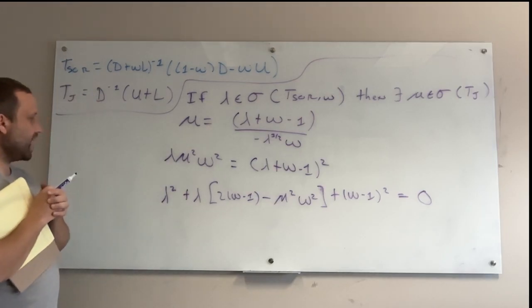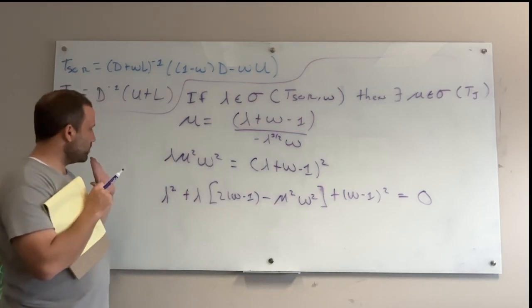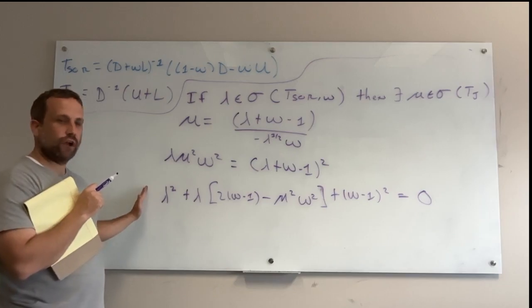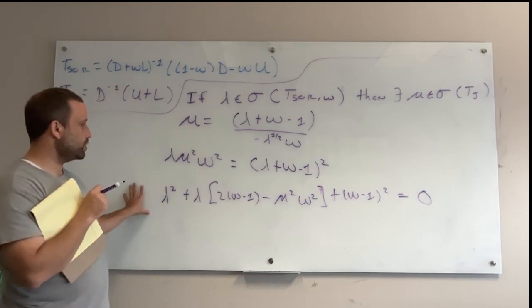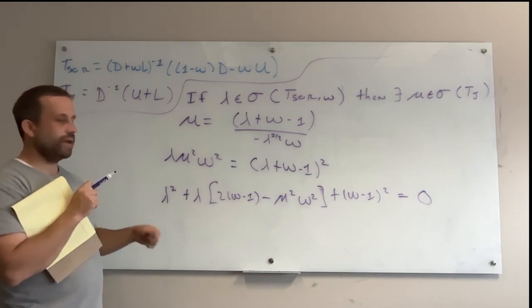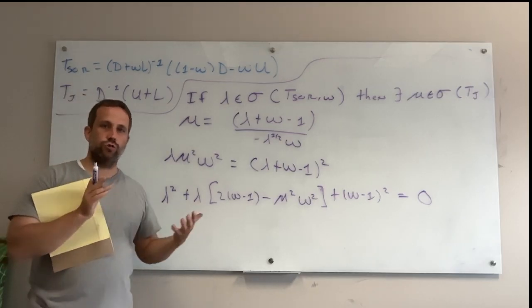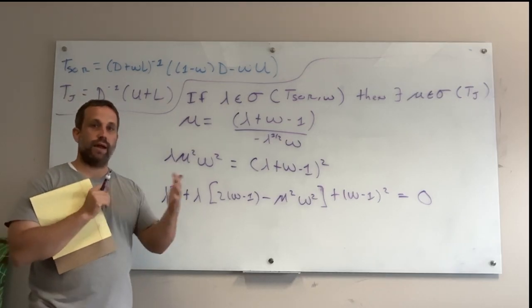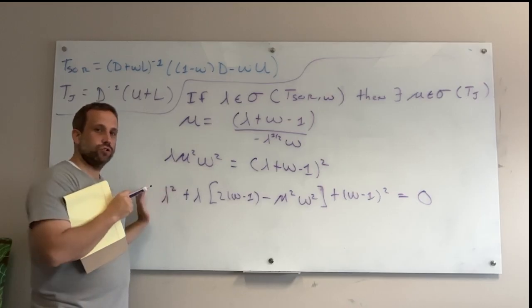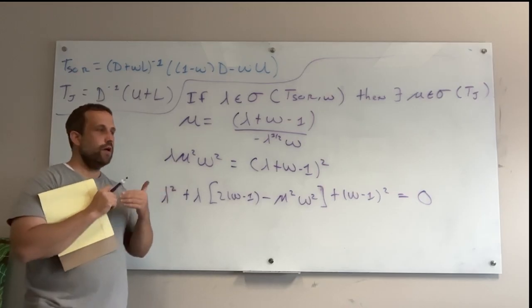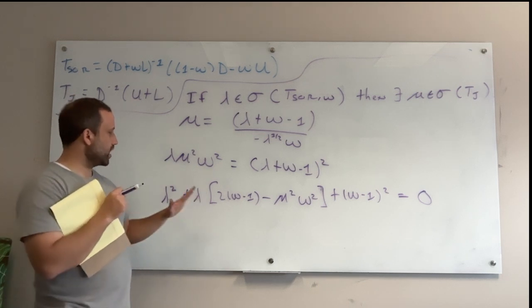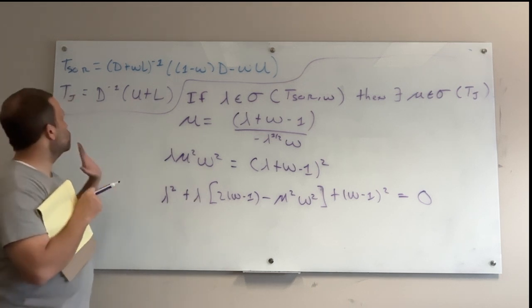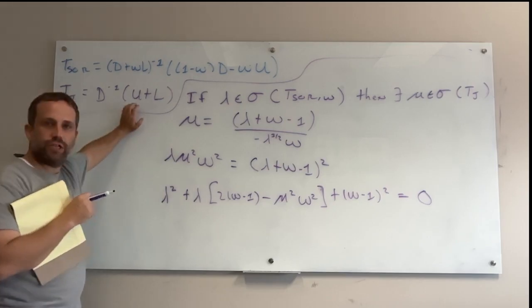There are two solutions for this in lambda. For every fixed mu and omega, there's a quadratic, so there are two solutions, either one repeated or two distinct. And as omega gets bigger and bigger, the larger solution is going to get bigger and bigger as well. As mu gets bigger in absolute value, the larger solution is going to get big in absolute value as well. So the mu that's going to give us the biggest lambda is going to be the spectral radius of the iteration matrix for the Jacobi method.